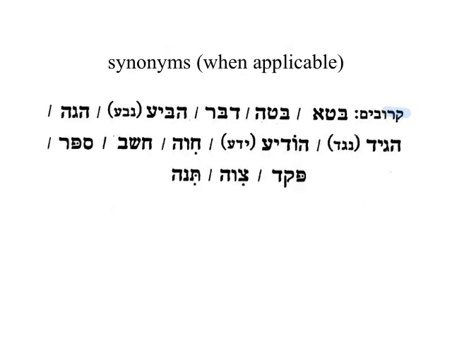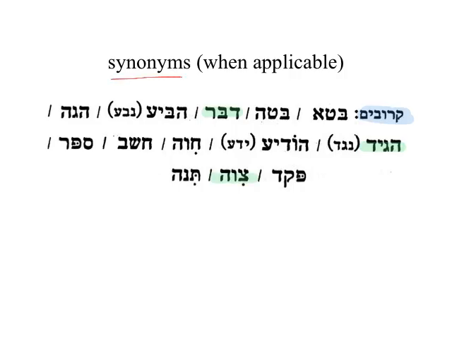Next in the entry is the synonyms, or keruvim, near words. So these are other terms which have similar sorts of ideas that one can also look at in the Hebrew Scriptures, like to speak, or to tell, or to command.